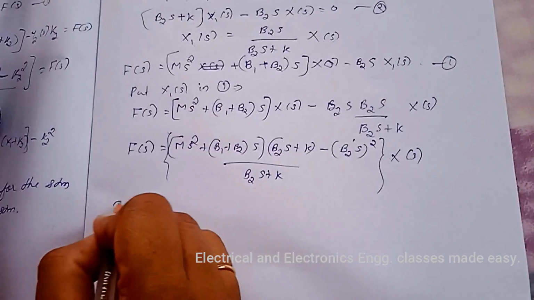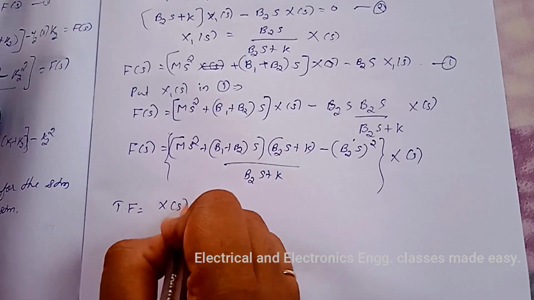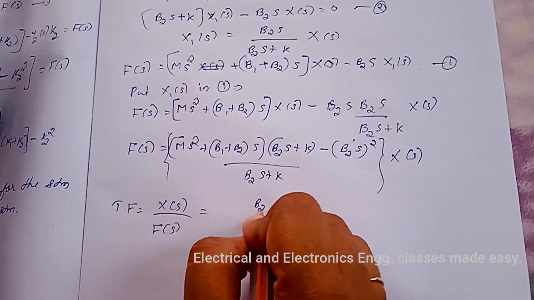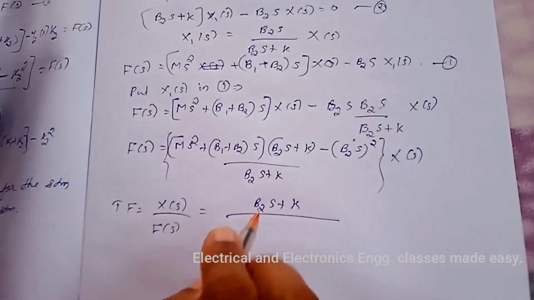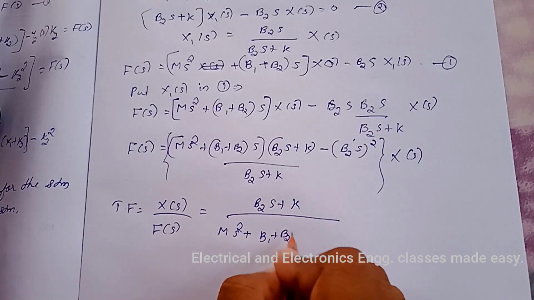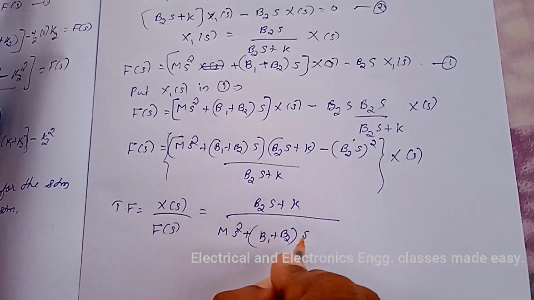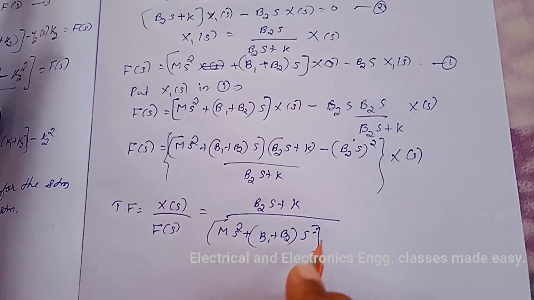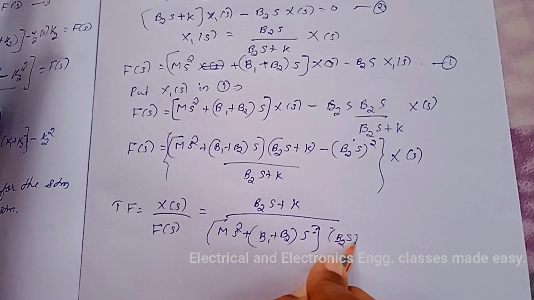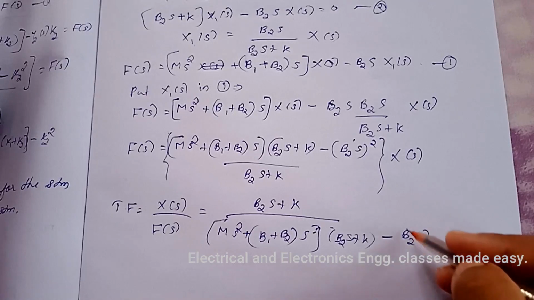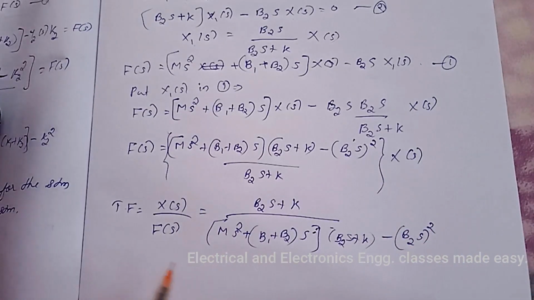So the transfer function x of s divided by f of s equal to b2s plus k divided by m s square plus b1 plus b2 into s into b2s plus k, then minus b2s the whole square. So this is the transfer function of the given system.